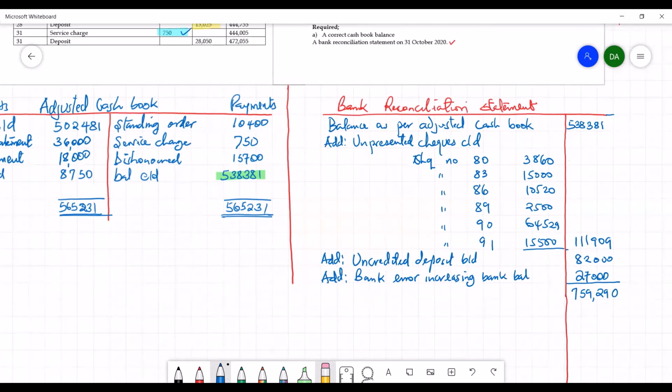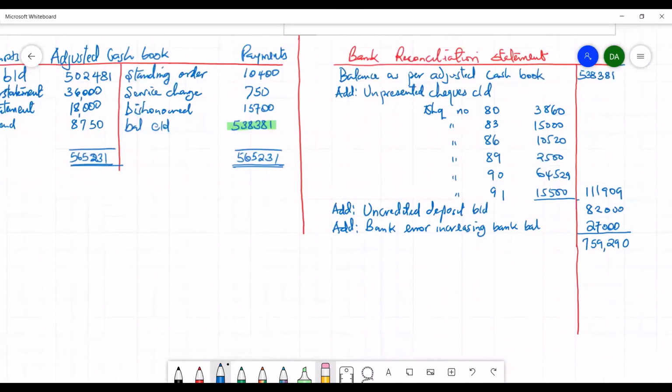Then we subtract the first item, which is uncredited deposits. Uncredited deposits carried down, that is at the end of the period, not brought down. In this case, we have a number of them.